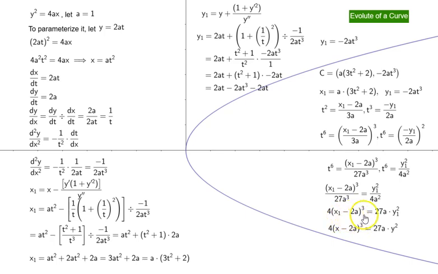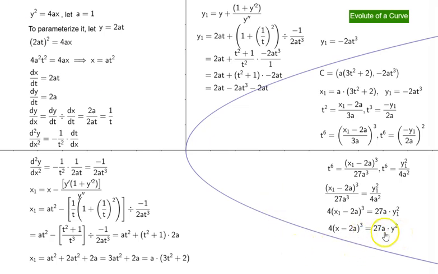Now what we do is we substitute x1 with x just to generalize this, because a general statement should have x and y and not x1, y1. So we just replace it with x and y. So we end up with 4 times (x minus 2a) cube is equal to 27a times y square.